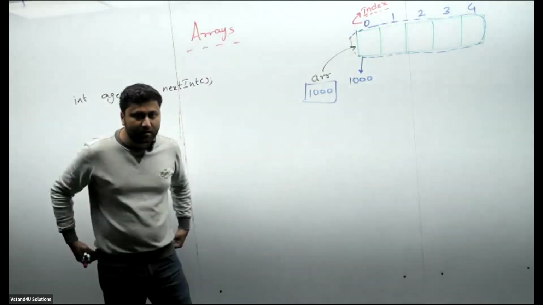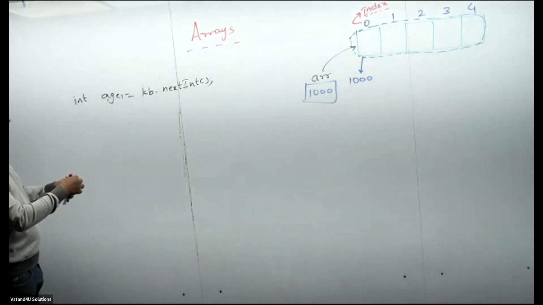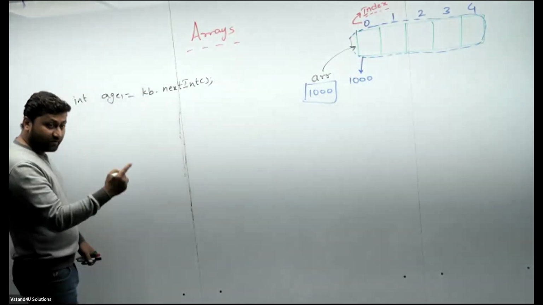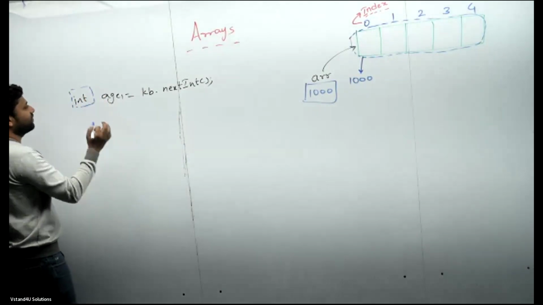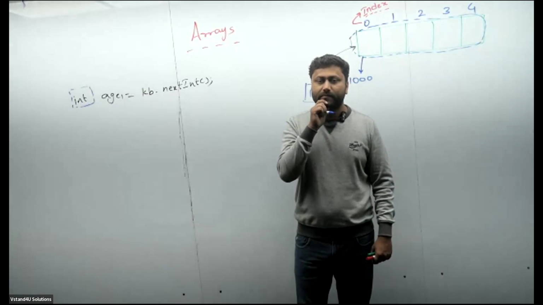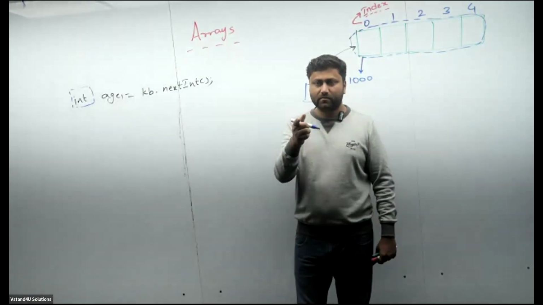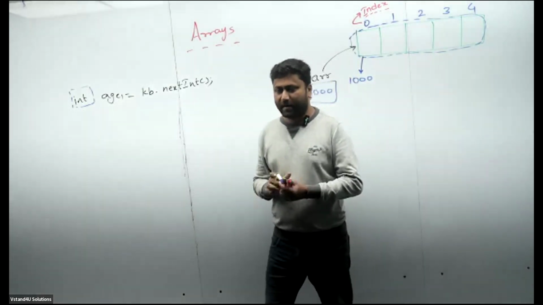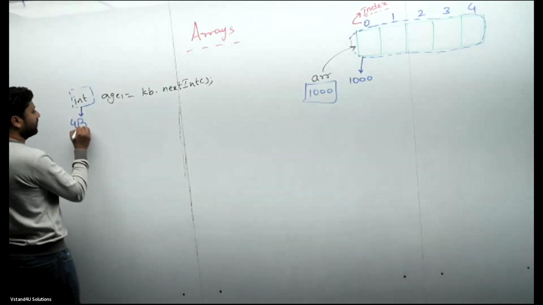But before that, suppose we are storing integer data. We will discuss how to do it. But if integer data is there, what is the size of an integer in bytes?